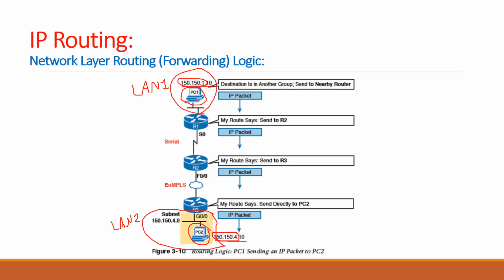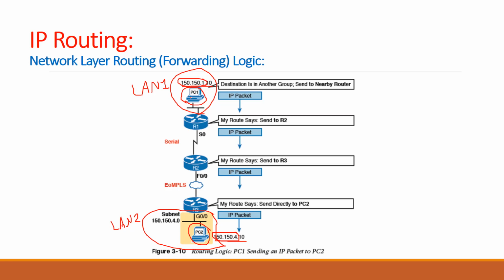PC1 realizes that the destination, which is PC2, is in another subnet or another group. So it has to send the IP packet to its default gateway or default router, which is R1. And PC1 is configured with this information. It has the IP address of its default gateway.